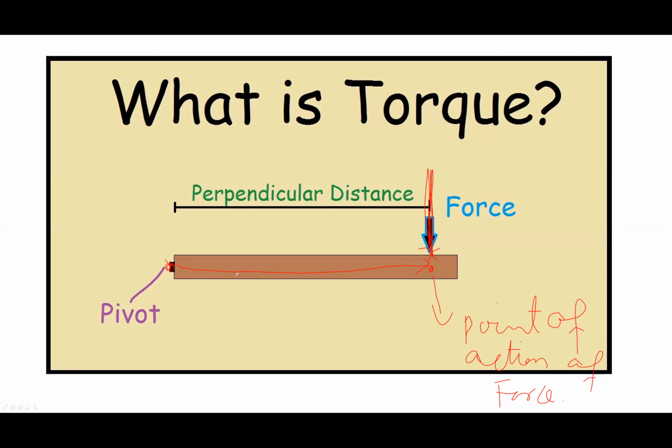And this is the distance between the point of rotation and the point of action of force. It is called the moment arm, represented by R. So torque is equal to R cross F, which is equal to R F sine theta.